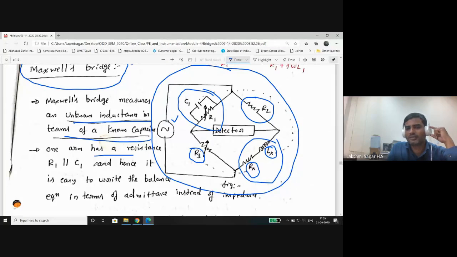What is the balance equation for this bridge network? I have to represent each arm of the bridge network in terms of impedances. Then what is the balance equation you will get? See, you have to respond.